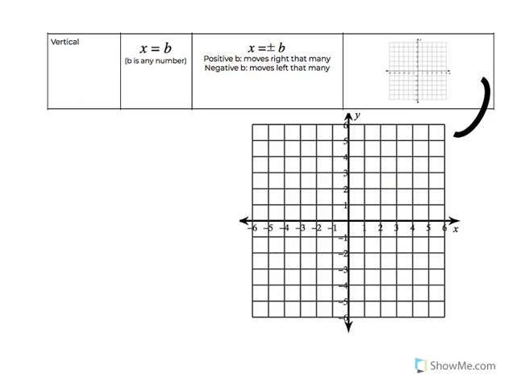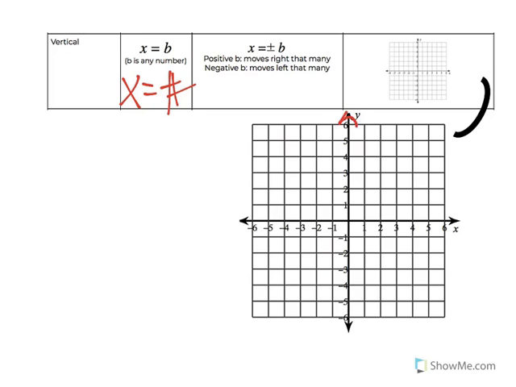The next parent function we'll look at is also a line, and it is a vertical line. So the name for this parent function is vertical. And the general formula would be x equals any kind of number. So x equals any number. If that number is positive, then it's going to move to the right. If that number is negative, it's going to move to the left.